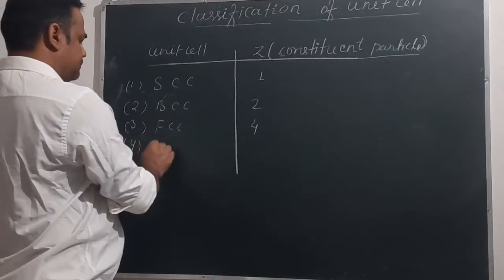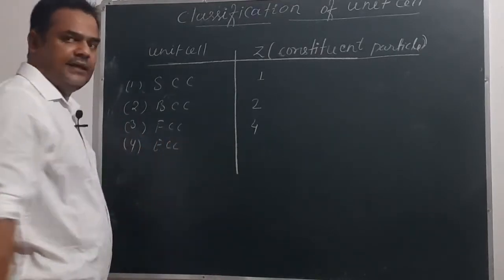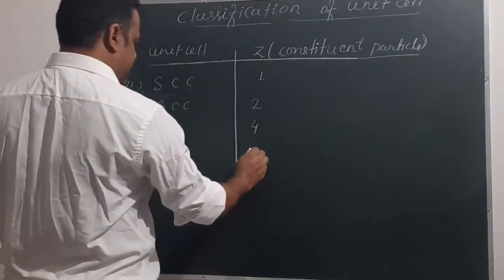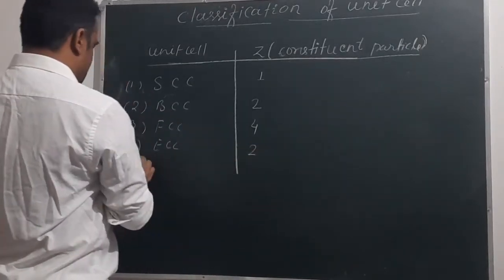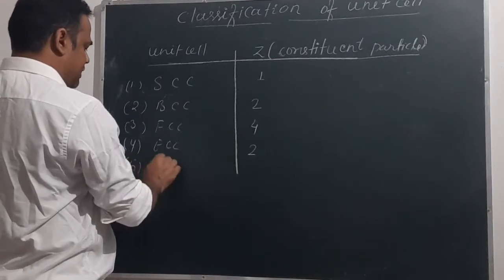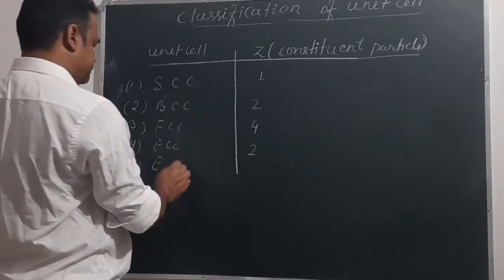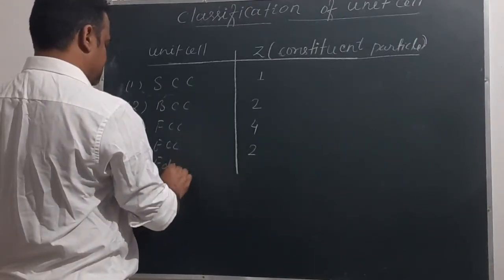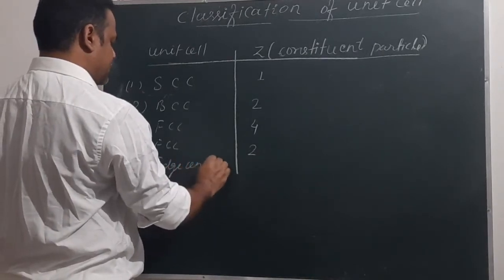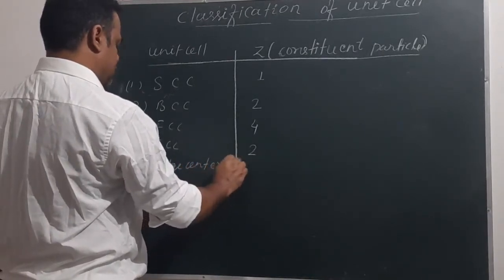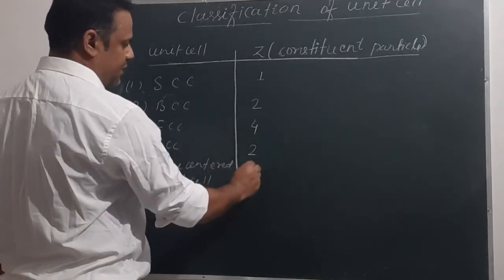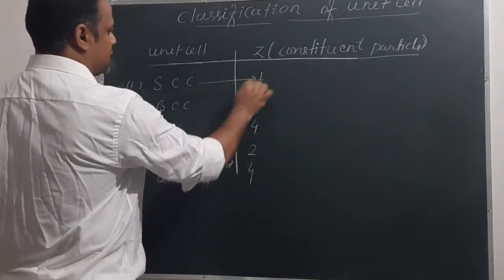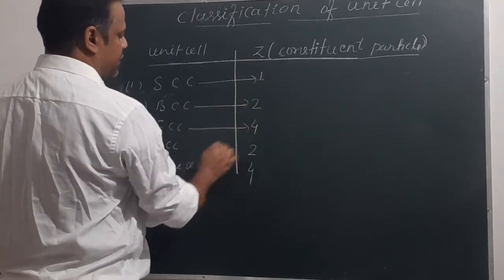Next one is ECC, end centered unit cell, and the number of constituent particles in case of end centered will be 2. And then edge centered unit cell: end centered and edge centered, this will be 4. So these are the numbers of Z per unit cell.